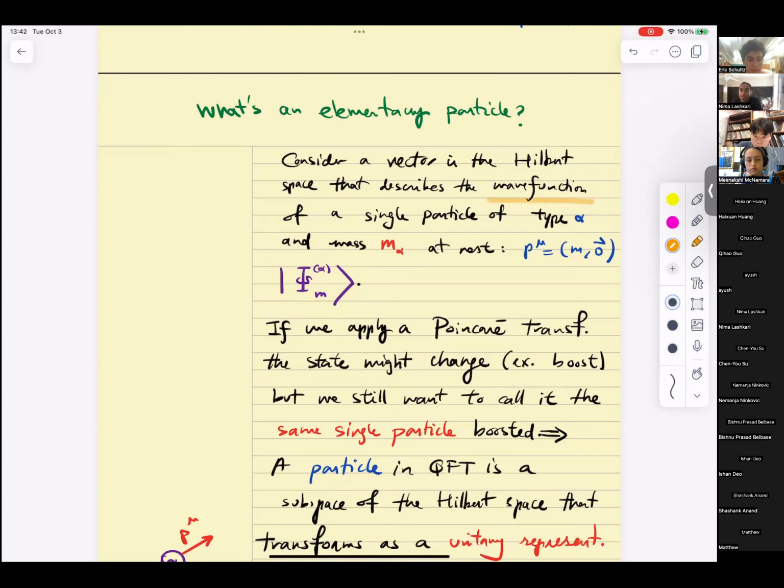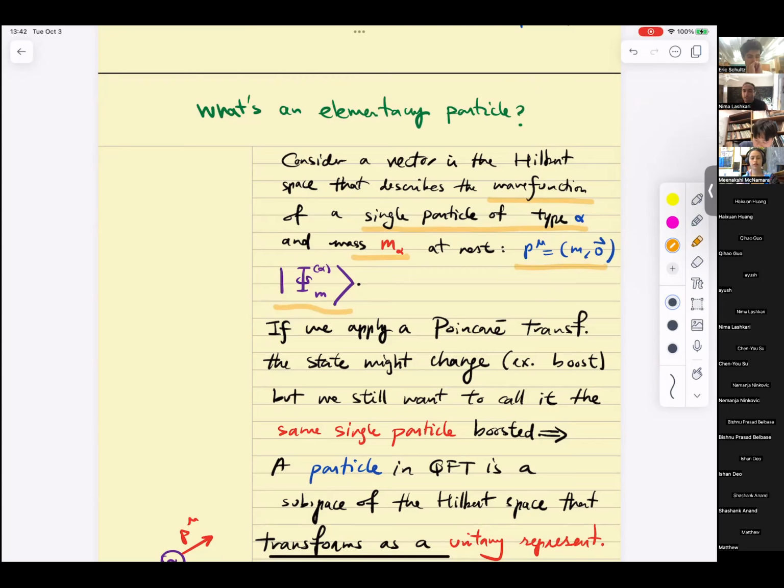Of course, it's a state, right? In a quantum theory, it's a wave function that describes a single particle of type alpha and mass m alpha. I will just usually say m at rest, right? So there is a vector in the Hilbert space that describes such a state. So an empty universe with only a single particle at rest.